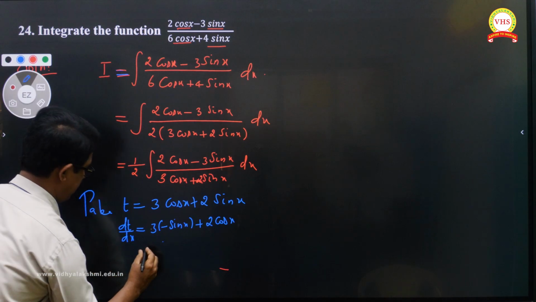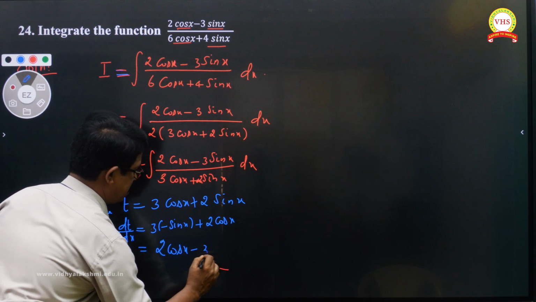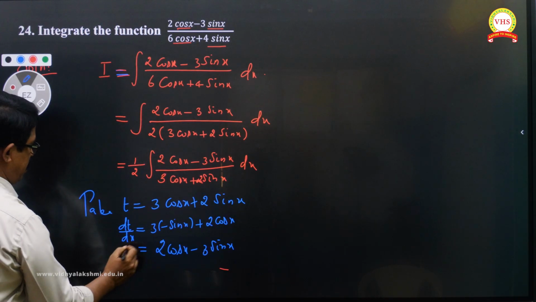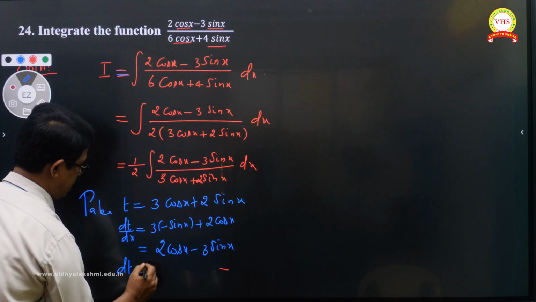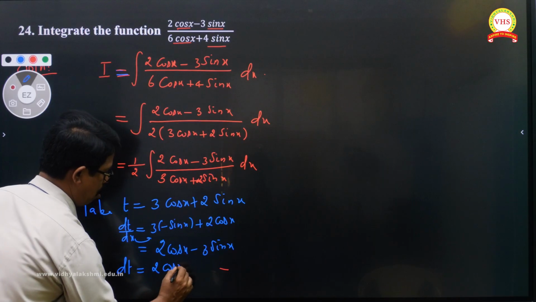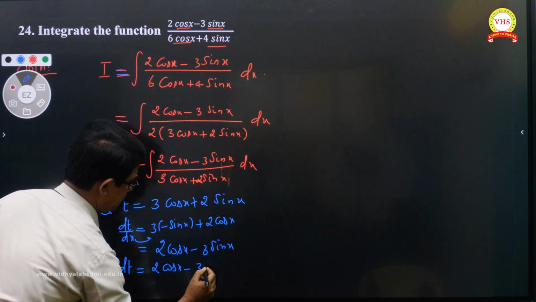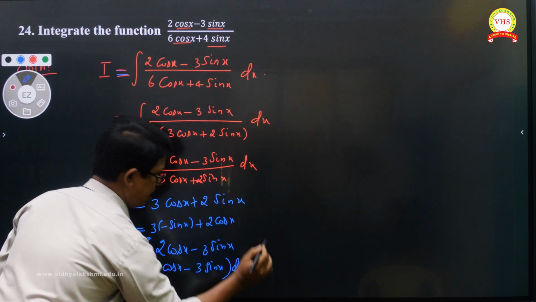Yes, so we have got the denominator, but we need only in terms of dt. That means cross multiplying, dt becomes 2 into cos x minus 3 sin x into dx. Are you okay, students?